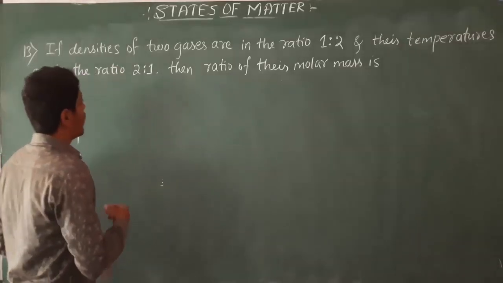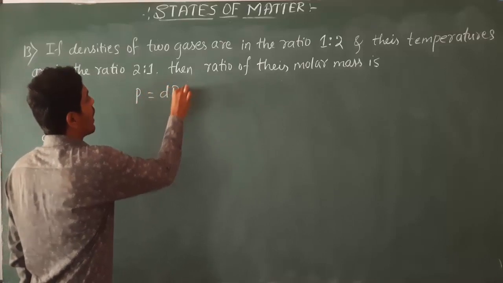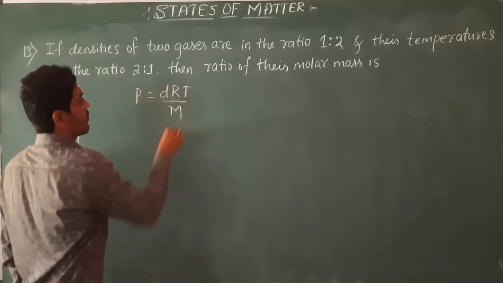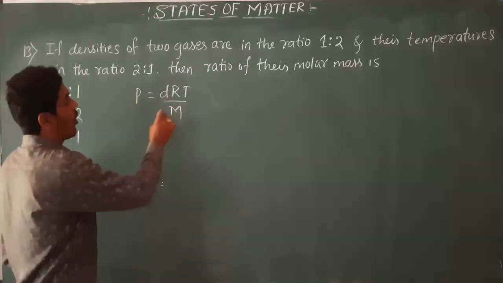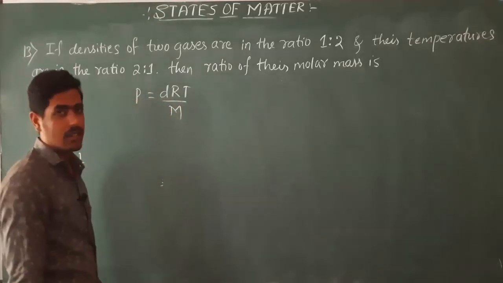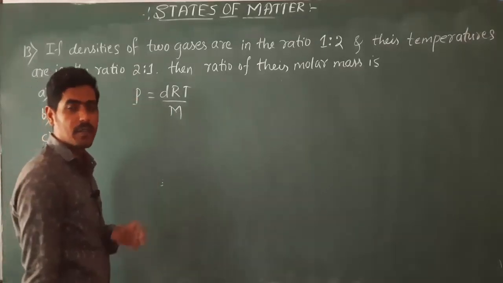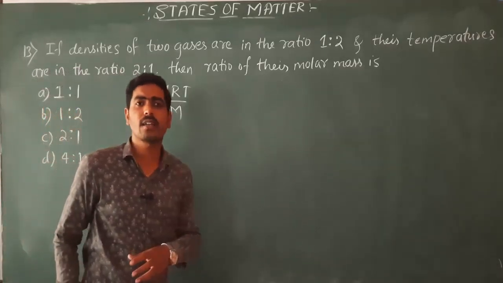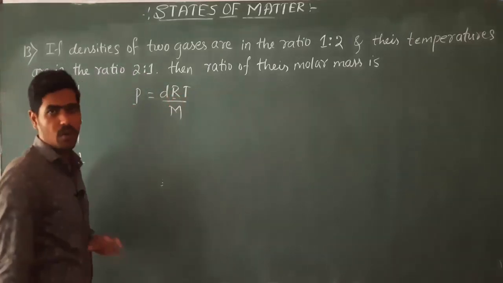Now you have one relation, that is P is equal to dRT divided by M. It gives the relationship between pressure, density and molar mass. Now see here, P is constant. In the given question, they have mentioned that the pressure is constant and R is also constant.